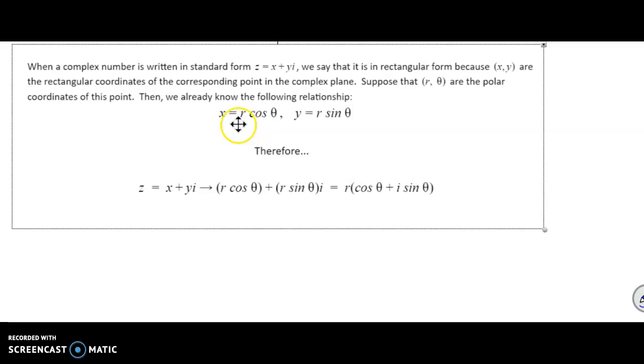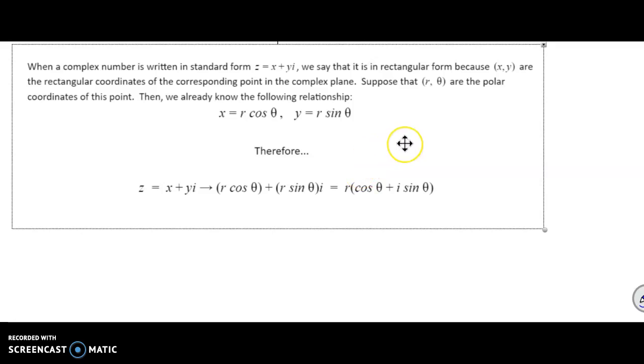So we can substitute these in for x and y. That's what we did here. So we have r cosine theta plus r sine theta times i, because of this i. Both have a common factor of r, so we take that GCF out. That's what we have here.